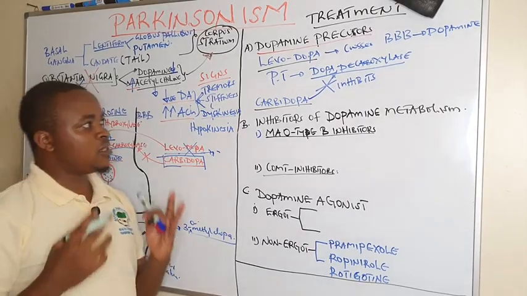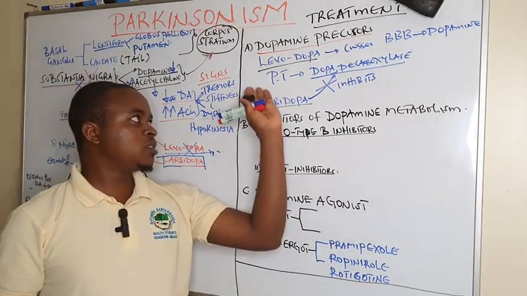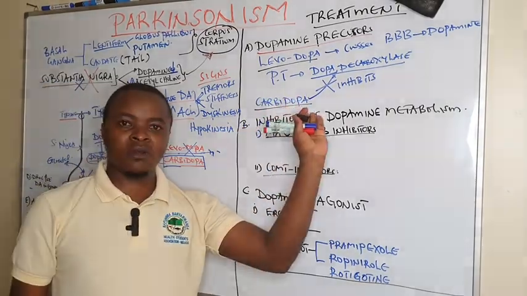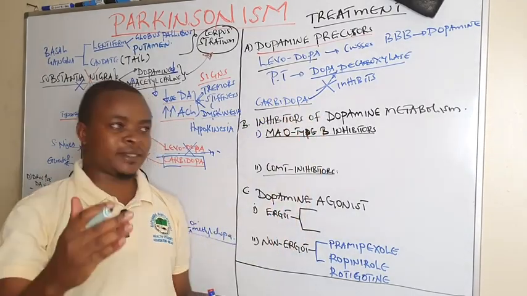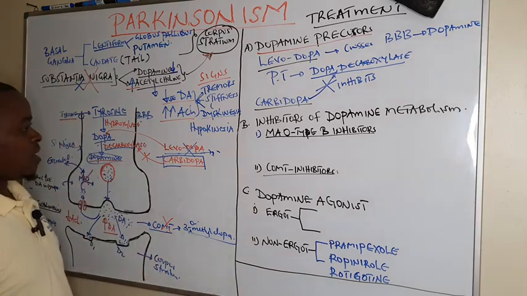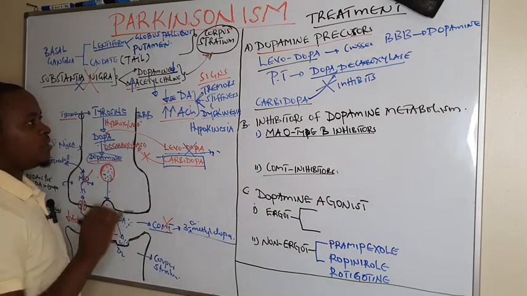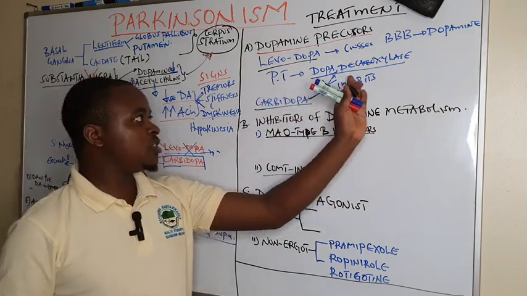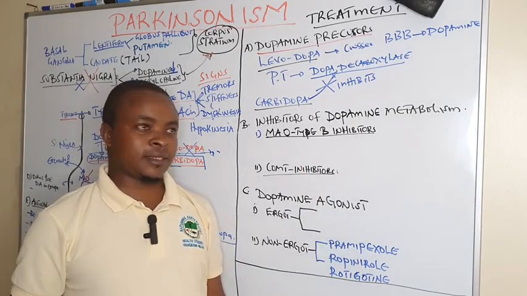So it is always required to use levodopa in combination with carbidopa, to allow levodopa to cross the blood-brain barrier by inhibiting peripheral tissue dopa decarboxylase.